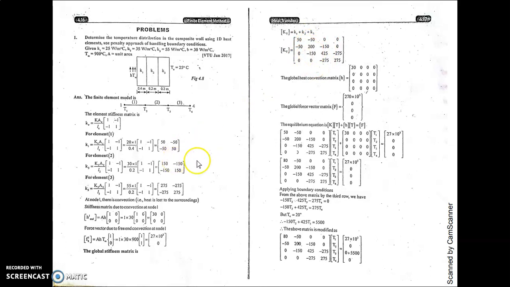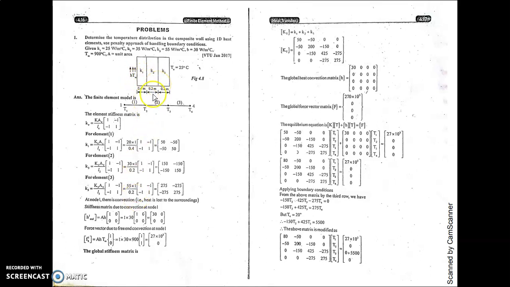After that, find out the stiffness matrix for heat convection also, because in the previous lecture we have seen the formula. Whenever the composite wall is subjected to free end convection at the left hand side, we need to take 1 at this node and 0 at the remaining nodes.